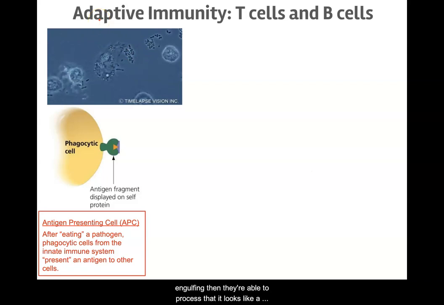After engulfing, they process the microbe and display the antigen on the surface of the cell. This is my antigen-presenting cell, APC for short. After eating the bacteria, they present that antigen on a surface receptor. The orange triangle in this green cartoon image is an antigen that it wants to present to the adaptive immune system.